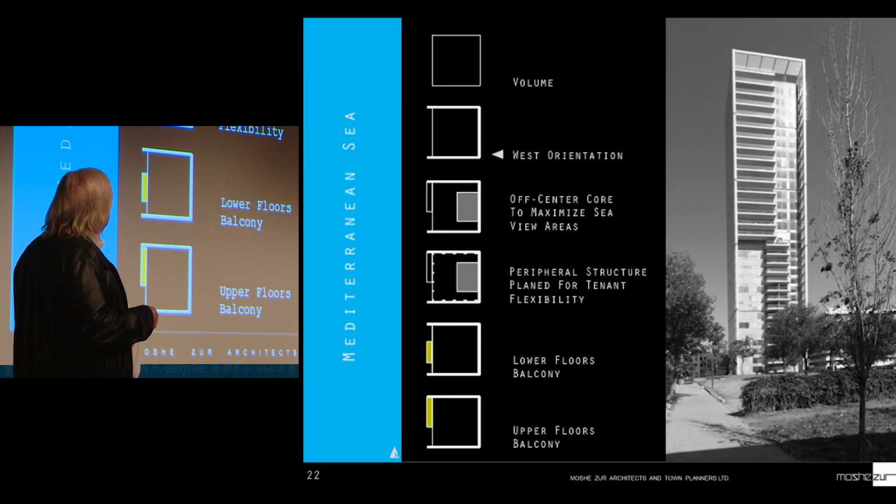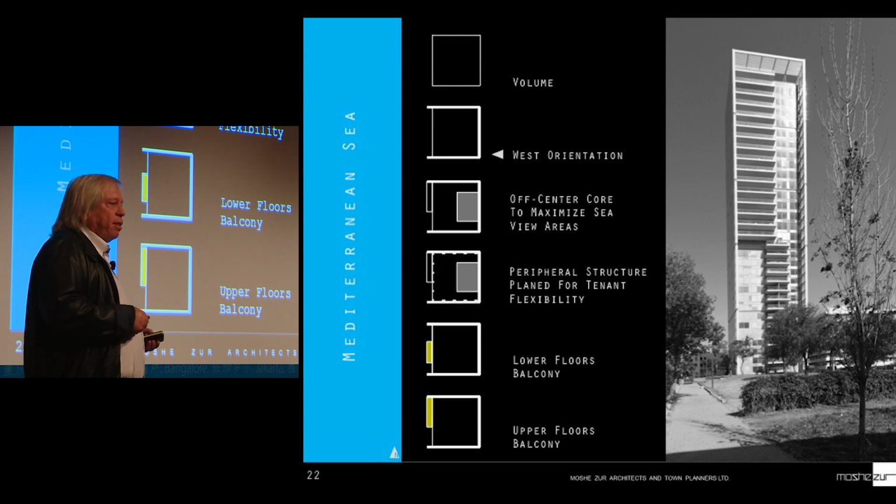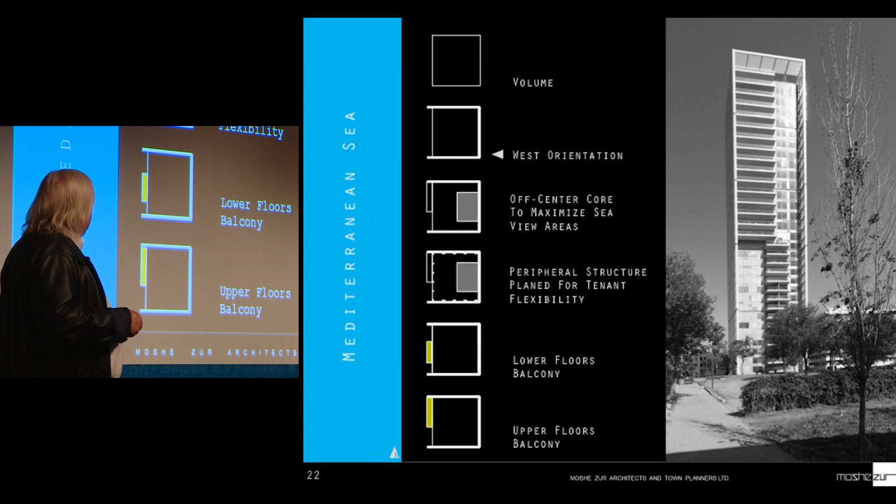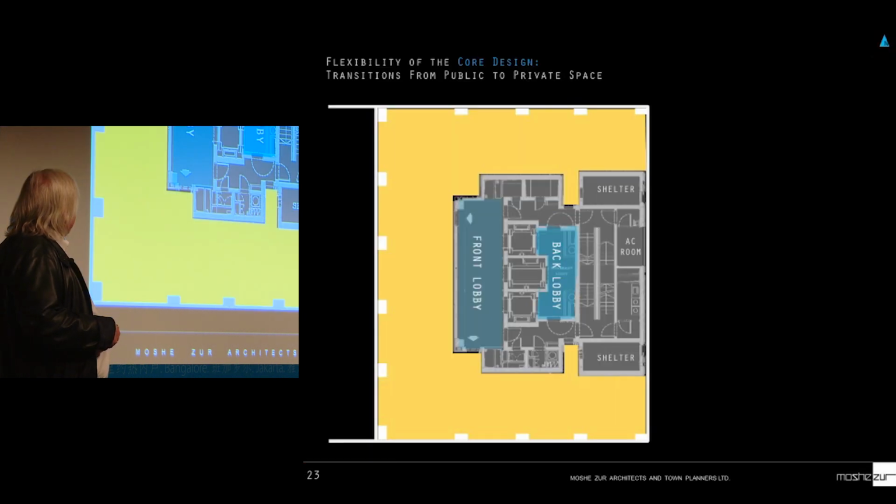Furthermore, we located all the structural columns in the exterior envelope, so we really gain an open space inside the apartments. And then we located smaller balconies facing the west on the lower part, and on the upper part bigger balconies, because the view is more valuable, all facing the west.